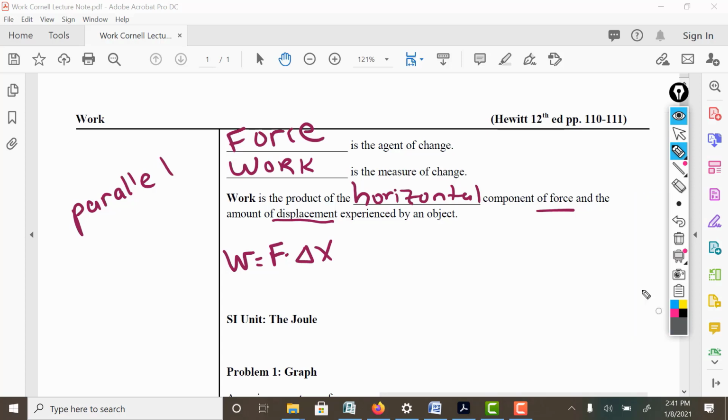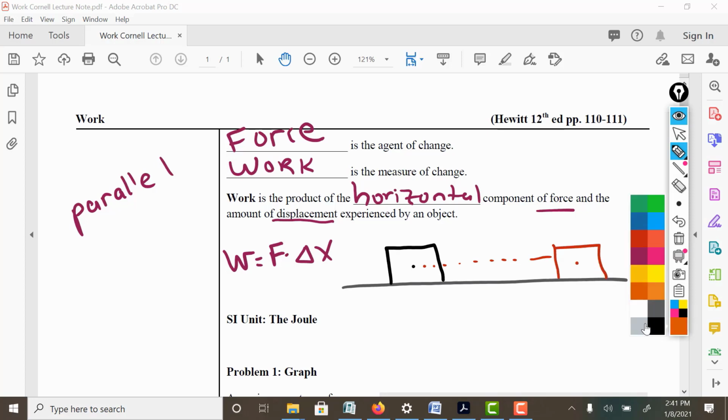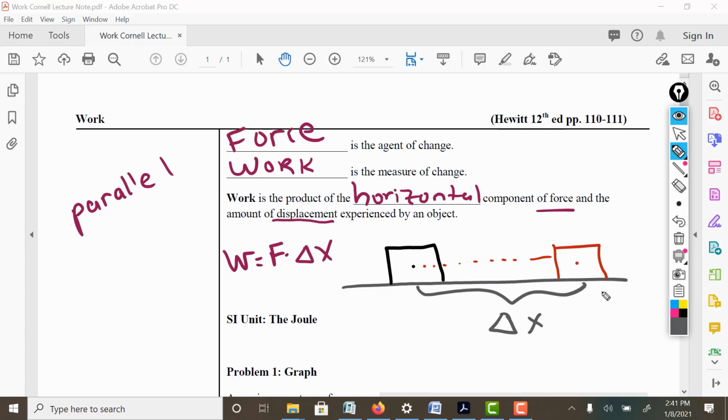If I were to go ahead and draw an example of this. So here we have an object that has been displaced, and what displaced it was a force.